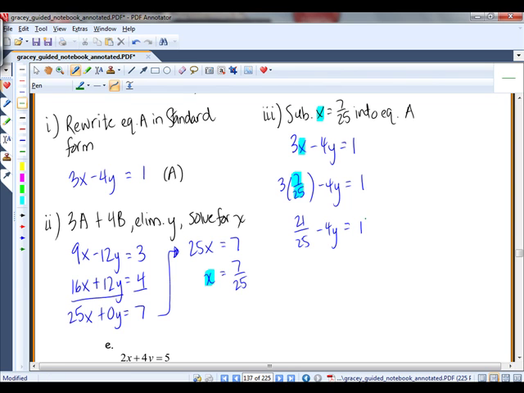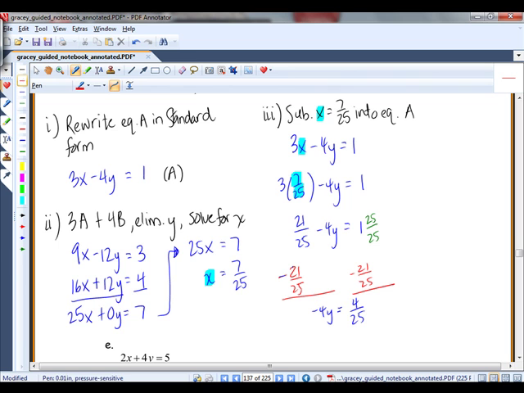I'll just get a common denominator. If I multiply 1 by 25 over 25, and then subtract that 21/25 from both sides, I will get negative 4y is equal to 4/25, since 25 minus 21 is 4.